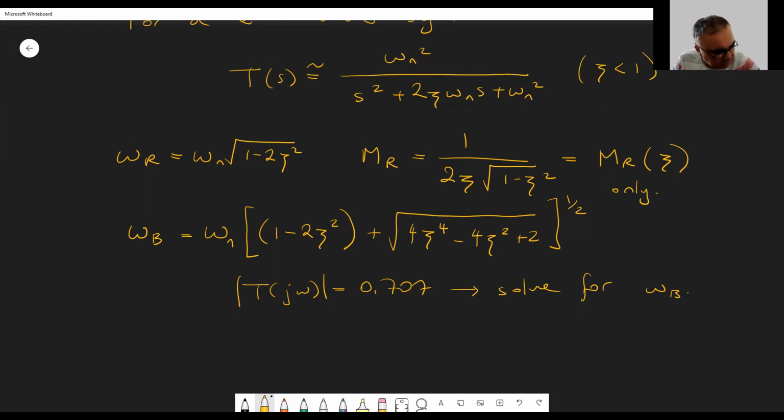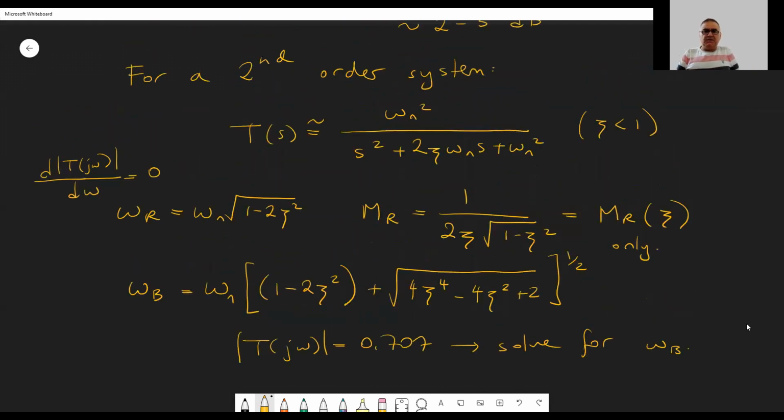And for finding the peak resonance, what we do is take the derivative of T of j omega with respect to omega, set it equal to 0, and then solve for omega and the value at the peak. Okay.